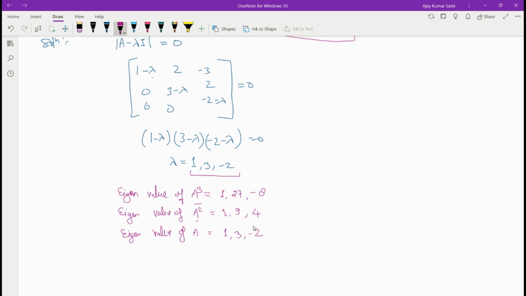And the eigenvalues of I are 1, 1 and 1.